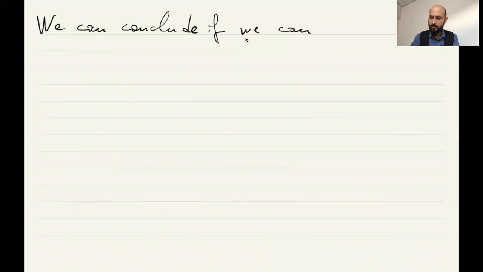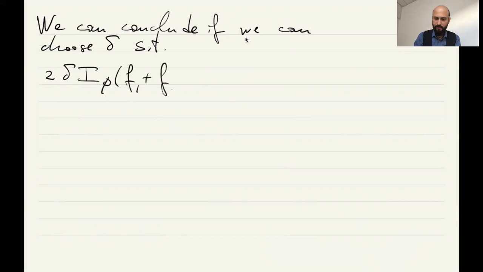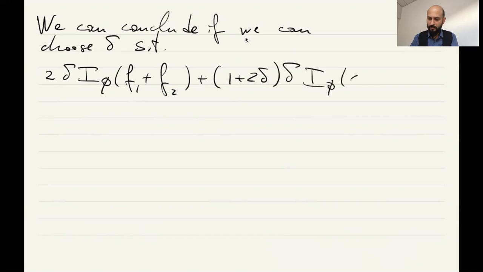So we can conclude if we can choose delta so that what was left, so it's I_phi of (f1 plus f2) plus 1 plus 2 delta times I_phi psi, is less than epsilon.